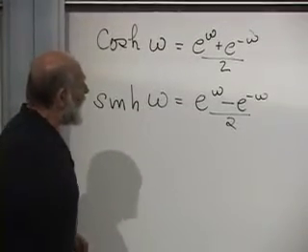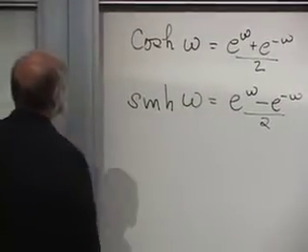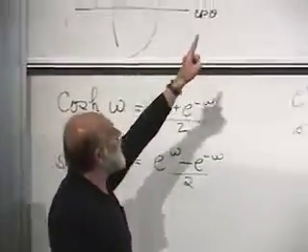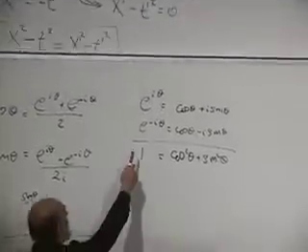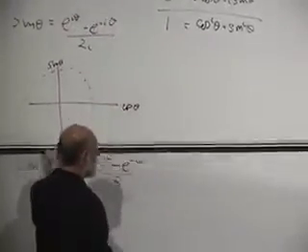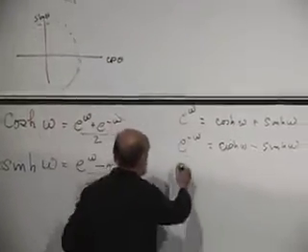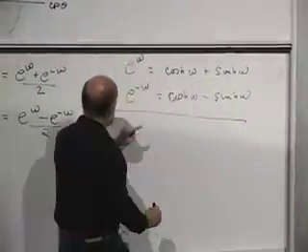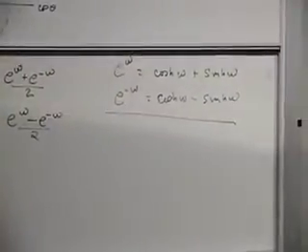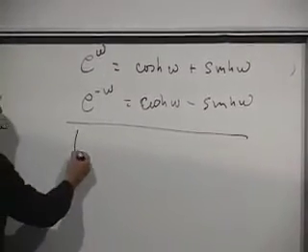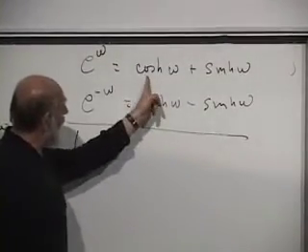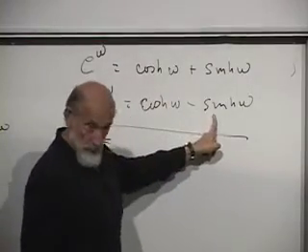Okay, now what about the analog of cosine squared plus sine squared equals 1? That simply came by multiplying this one by this one. So let's do the same operation. Multiplying e to the omega by e to the minus omega gives 1. And now that gives cosh squared minus sinh squared.